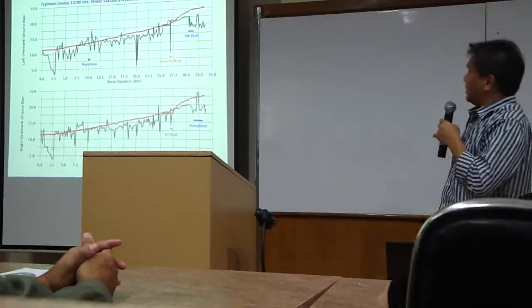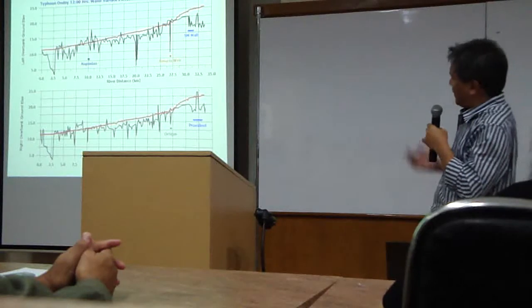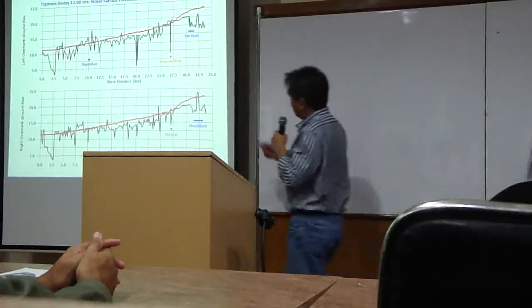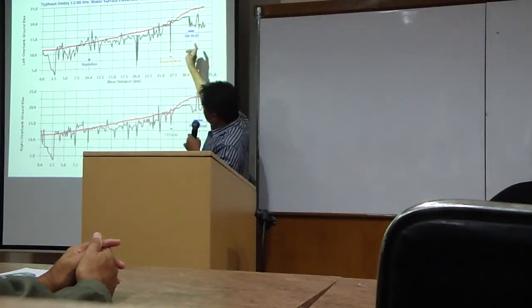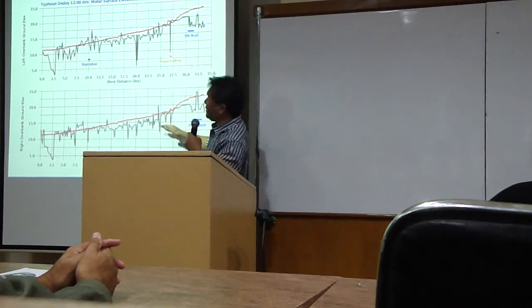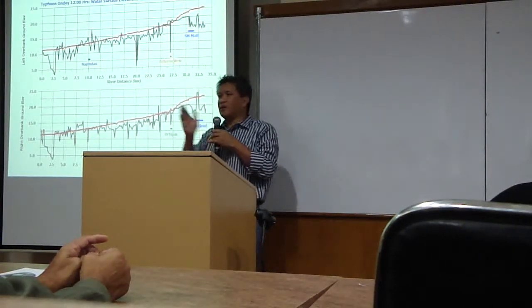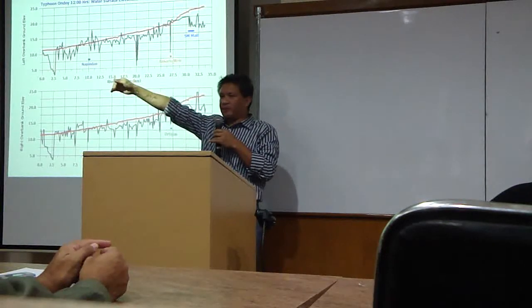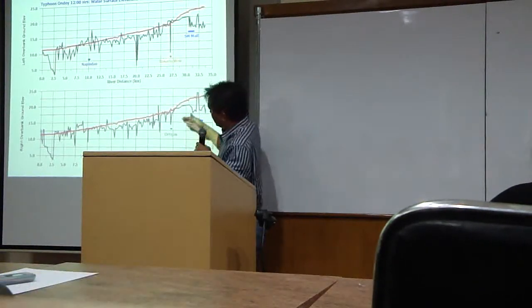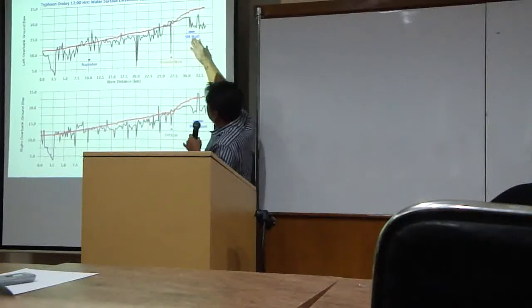Okay. This is a nice plot of the same thing, the water surface profile, and then the overbank elevations. If you're looking downstream from upstream, this is the right-hand side, and this is the left-hand side.